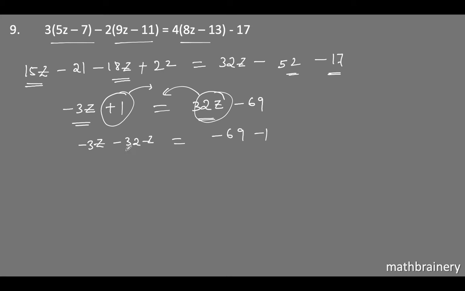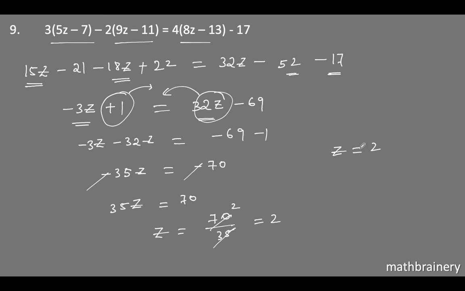Okay, minus 3z minus 32z is minus 35z, minus 69 minus 1 is minus 70. Minus and minus will be cancelled on both sides, that will give you 35z is equal to 70. So what is z now? Z must be 70 by 35. 35 2s are 70. So what is the value of z? Z is equal to 2. So the solution to this given equation is z is equal to 2. Let's look at the next question.